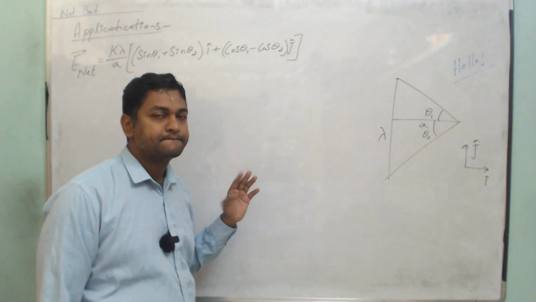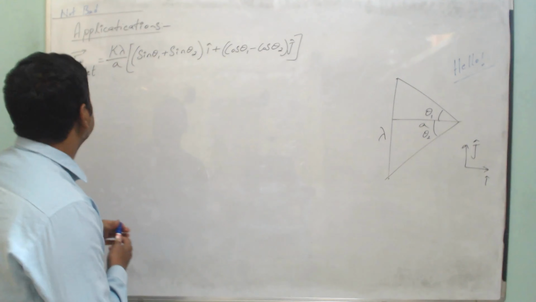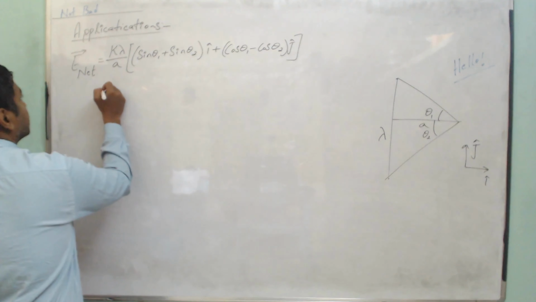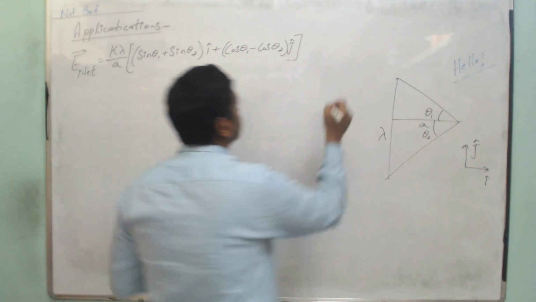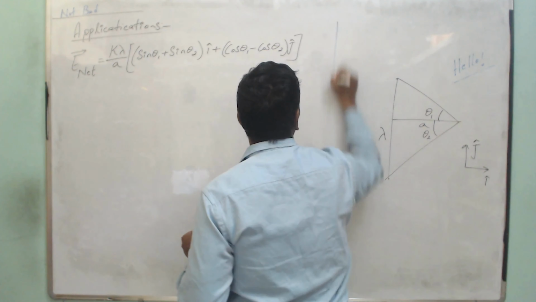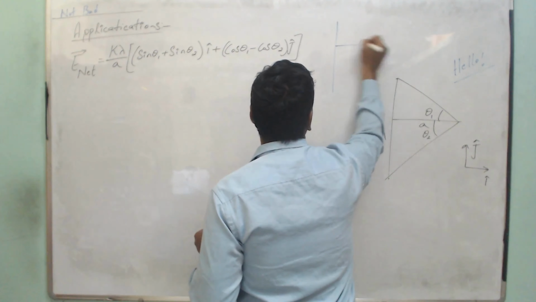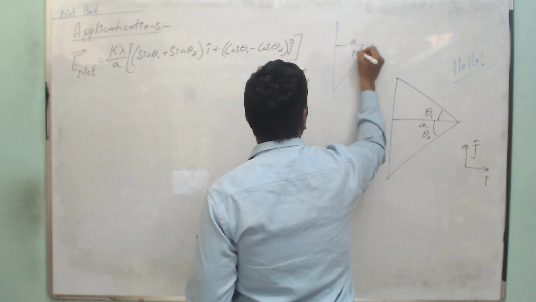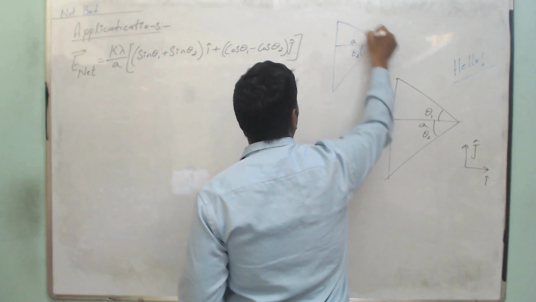Correct? Yes, sir. Okay. So I'll just draw that figure over here. So this is my wire. This distance is A. This angle is theta 2. And this angle is theta 1.